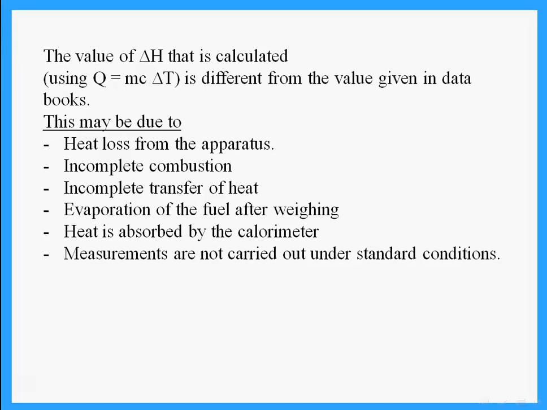Okay, remember that the value of delta H that is calculated using this kind of calculation is usually different from the actual delta H. And if he says why, this is because usually when we do this experiment, there is heat lost to the environment. Sometimes we have incomplete combustion if we're trying to burn a fuel, incomplete transfer of heat.